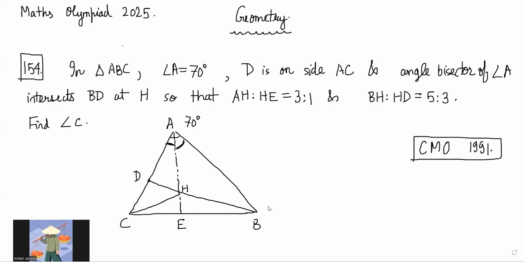But you know the ratio of HB and DH in triangle DAB. Those two ratios we know right now, but there is nothing special about H right now. So we can relate AB and AD, that's why.